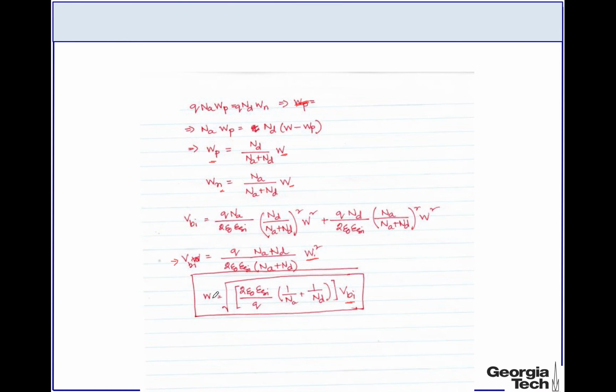So it's not that this W can increase indefinitely, because if W has to increase indefinitely, your VBI has to increase indefinitely. But VBI is actually a constant value given by the doping densities of the P side and N side, and that value of VBI actually sets the value of W. And this is what we are going to see in the next slide.